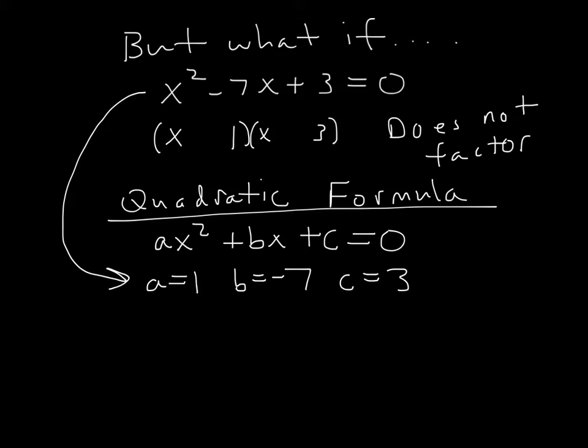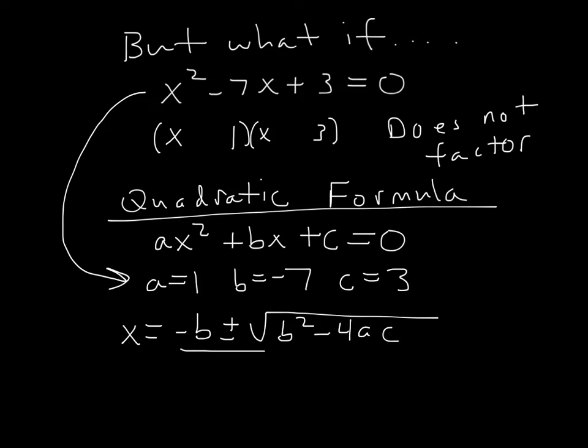Now I'm going to give you, this is not the quadratic formula yet. The quadratic formula is coming up. We're going to take those three numbers, A, B, and C, and we're going to plug them into this formula. And the formula is that x will equal -b plus or minus square root b squared minus 4ac all over 2a.